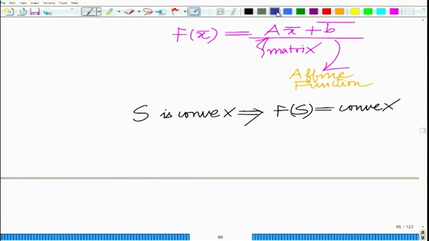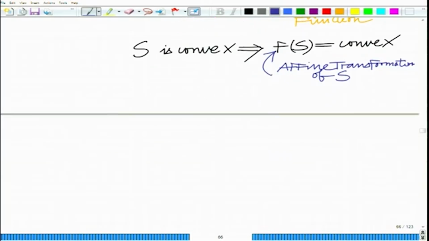So, f of S implies the affine transformation of all elements in S, and that also results in a convex set. Typically, if you take a convex set and rotate it and translate it, which corresponds to an affine transformation, the resulting set is also convex.